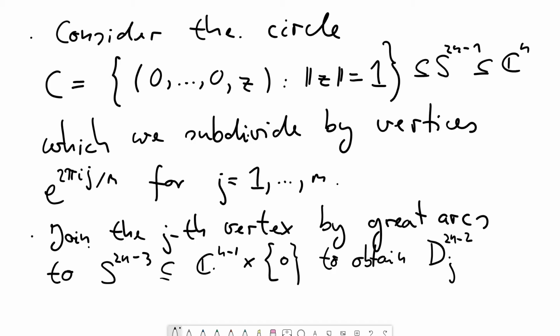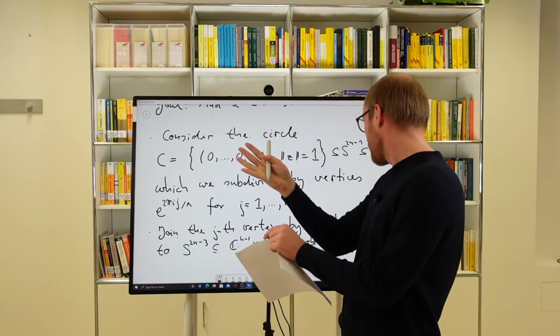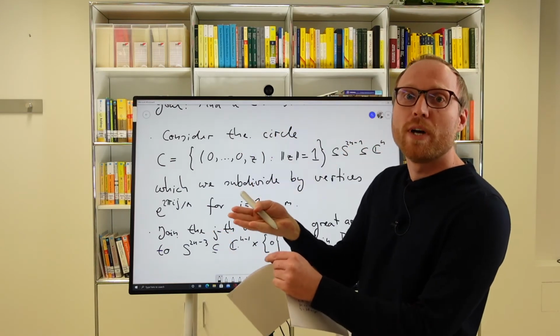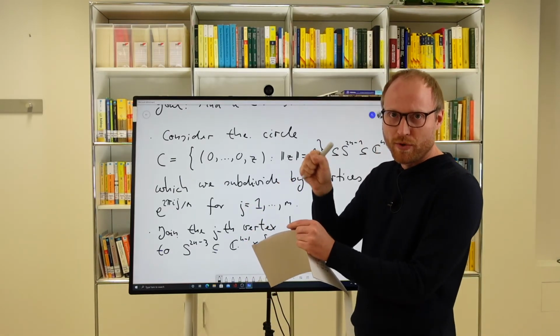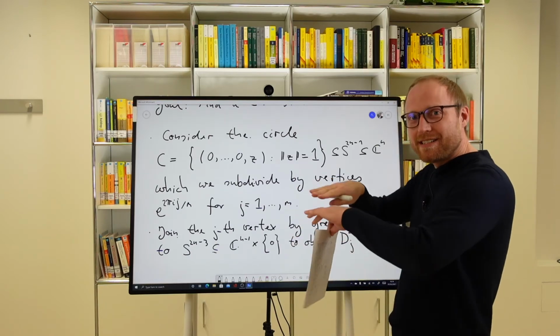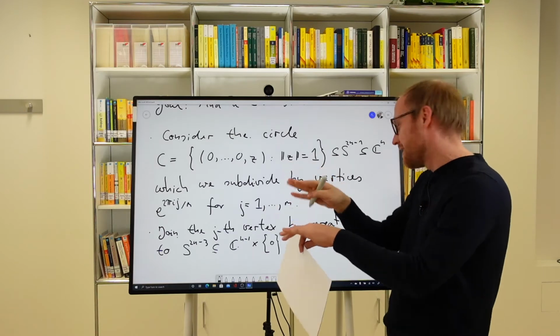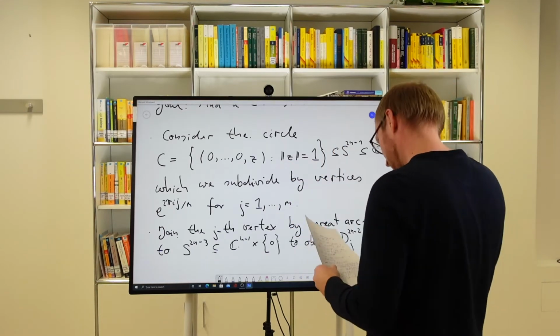Why is that? We have one point, and we join it to every point of a (2n-3)-dimensional sphere, and that's the same thing as coning off a (2n-3)-dimensional sphere. So you can just think of the vertex as being the midpoint of this new disk. The only thing is that it's not flat in space; the radial directions are along great arcs. This is the thing you have to get used to.